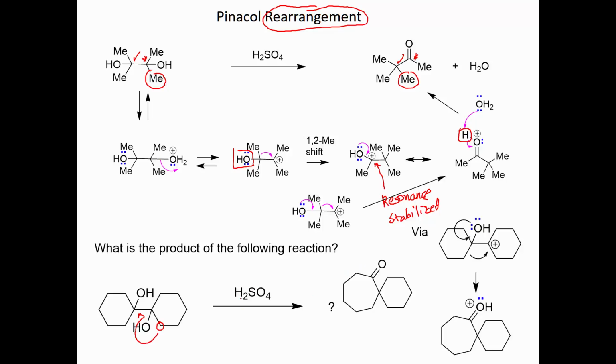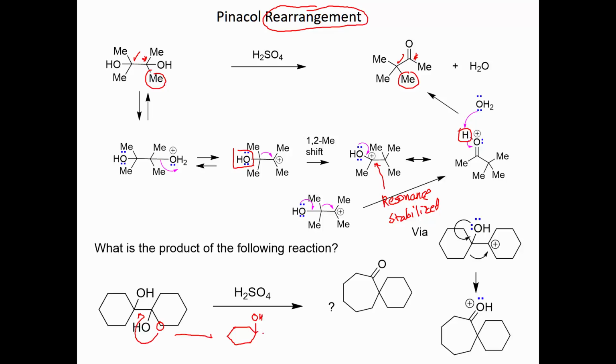Okay, I guess I got it backwards because we're going to move this one, but it's a symmetrical molecule, so it doesn't really make a difference. So what happens here is we are going to make the carbocation. All right, so let me just draw that important intermediate right there.